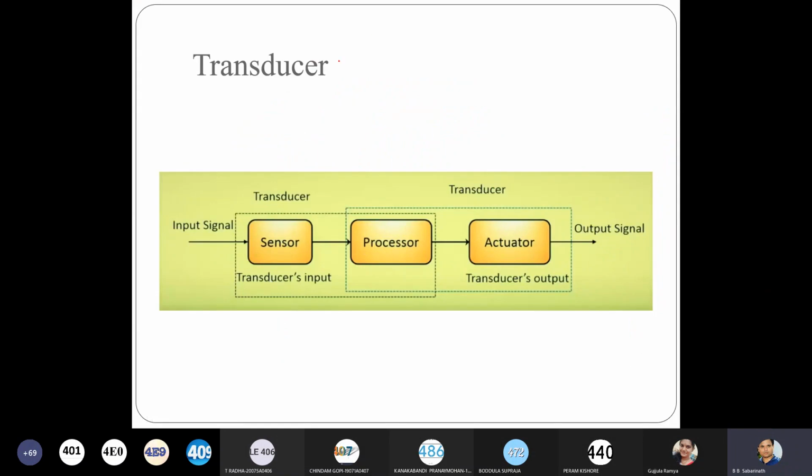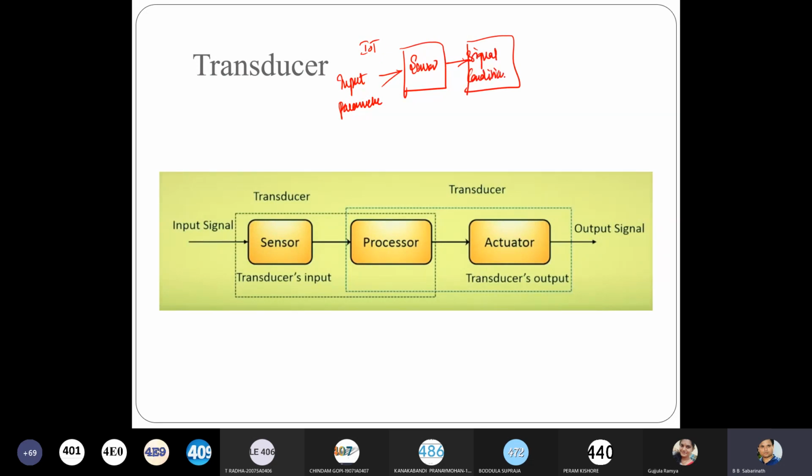So mostly what we'll be doing in IoT, whenever I call a sensor, we have the circuit and the input parameter which needs to be sensed. Before giving it to the processor, we'll do some signal conditioning.